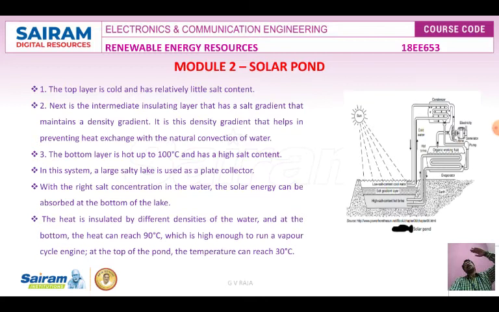The upper water has a low concentration of salt, the middle layer has a medium concentration, and the bottom water has the highest concentration of salt, where a temperature of 70 to 85 degrees is maintained, because more salt content is available in the bottom zone.